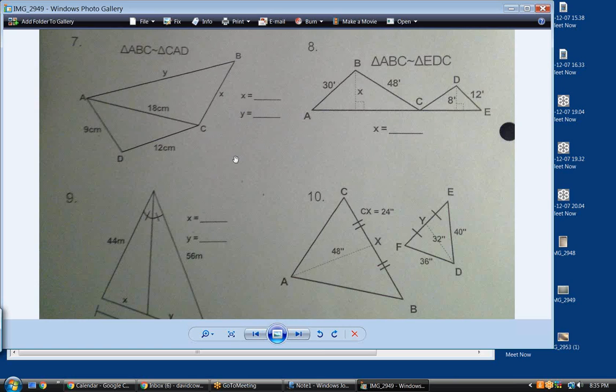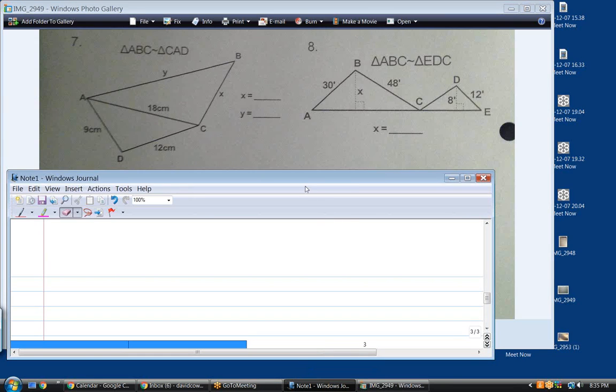Okay, number 7. They tell us that one triangle is similar to another. Which angles are the same? Let me draw this. Just a second.